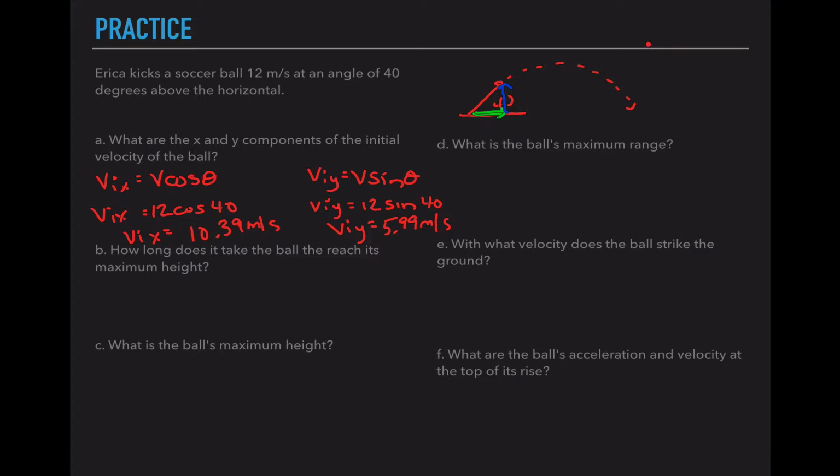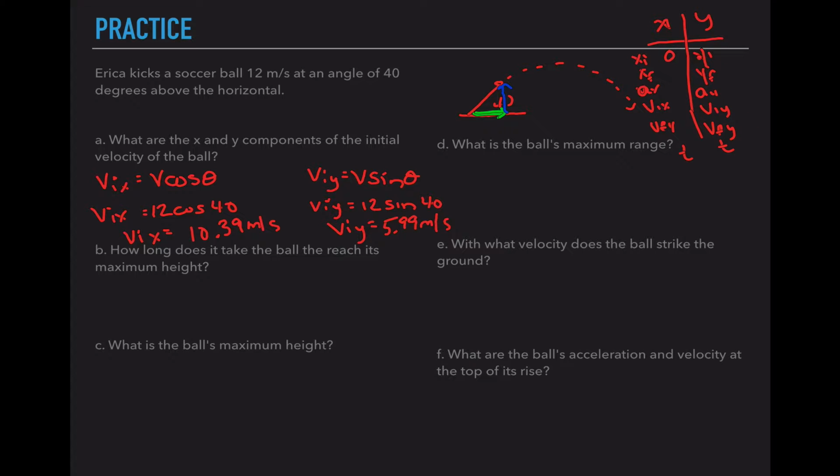So over here, just to remind you, we have x and y, we have xi, xf, ax, vix, and vfx. yi, yf, ay, viy, vfy. And then we have 2 times.